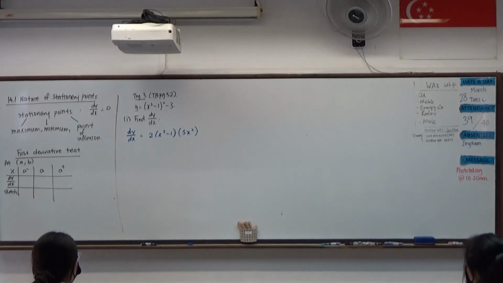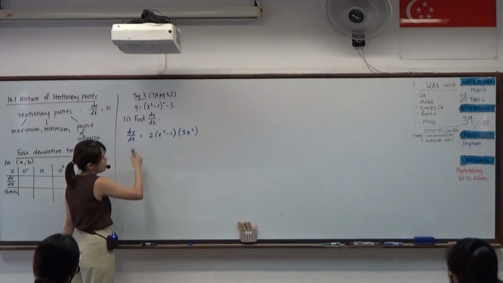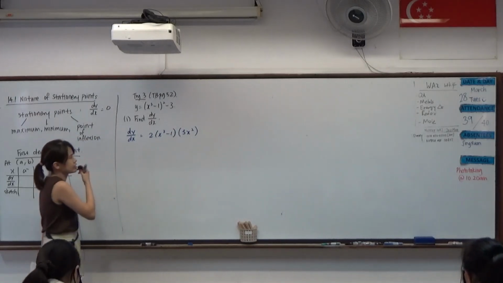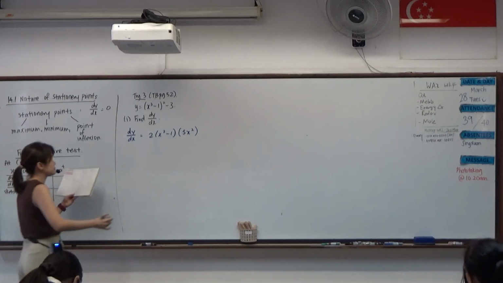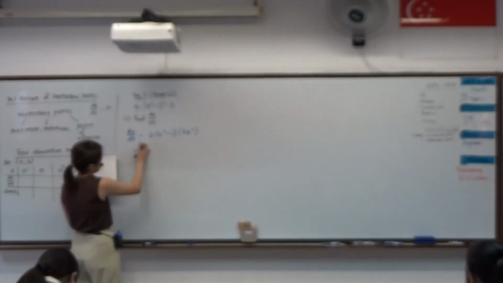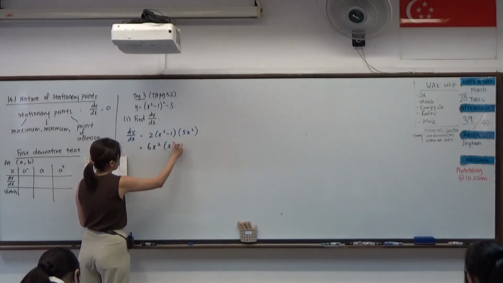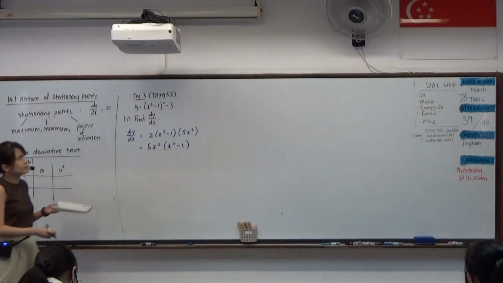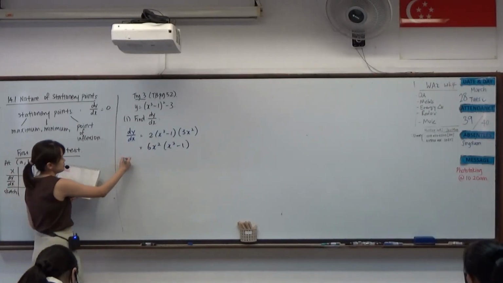Bring down the power, then (x cubed minus 1) to the power of 1, and then differentiating the x cubed as well, so we get 3x squared. You can simplify it such that we get 6x squared times (x cubed minus 1). It's not necessary for us to fully expand it, but if you want to, you can.